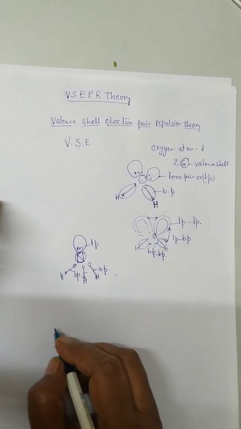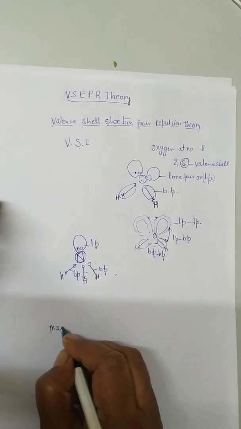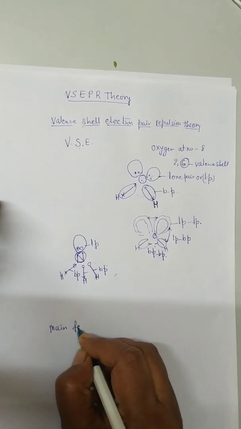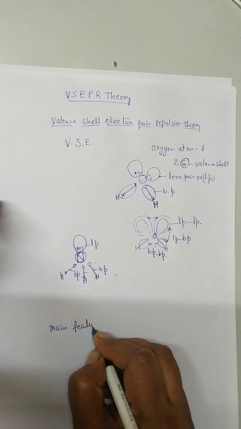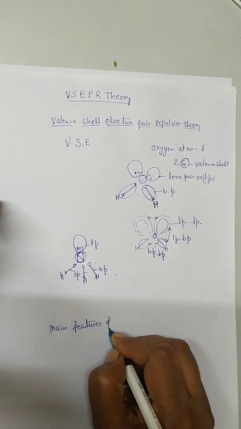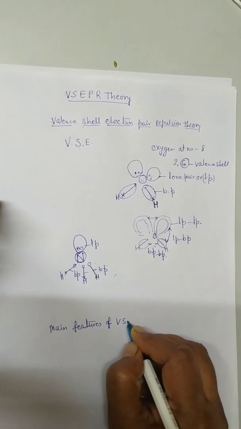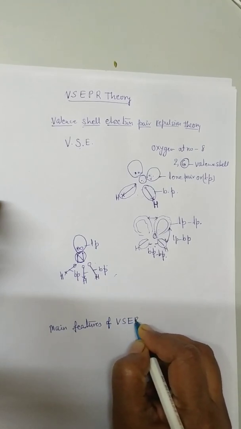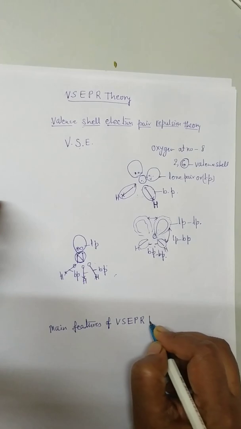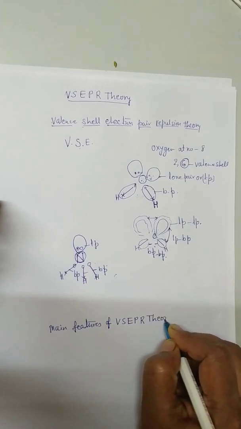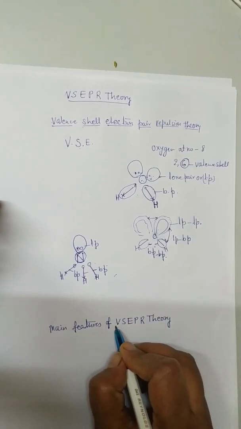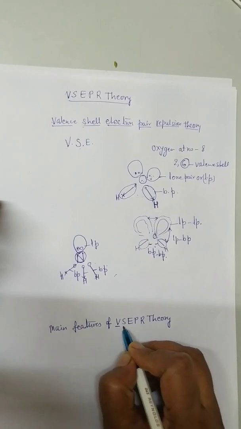So what are the main features of VSEPR theory? Now it is clear what V is: valence.